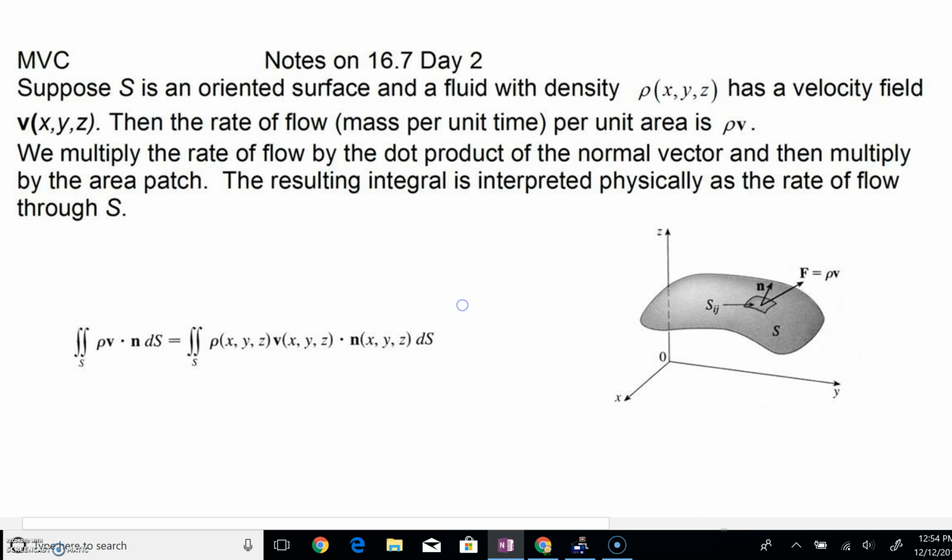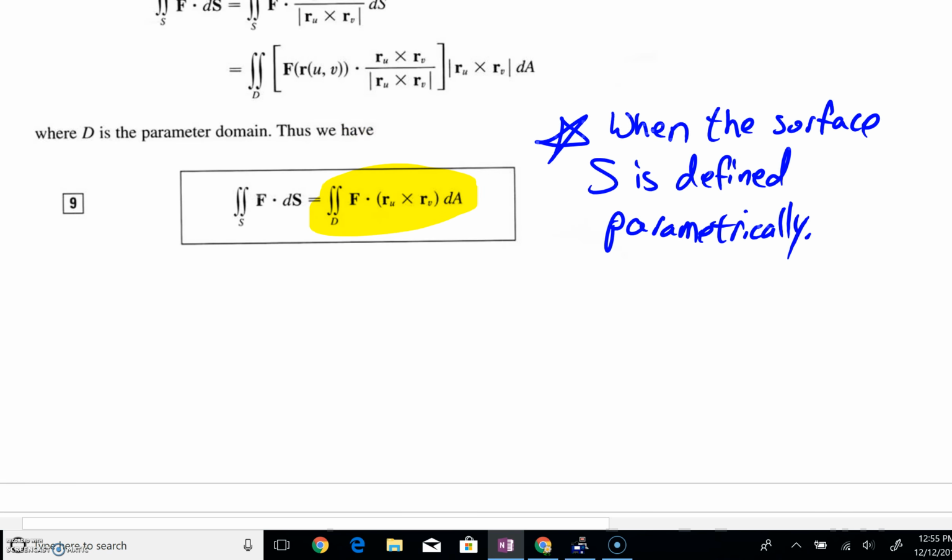Okay, getting into 16.7 day 2, we're going to be looking at surface integrals in a slightly different way. Let's suppose that we've got a surface, an oriented surface, and we have a density, and we've got the rho function somehow defining that density.